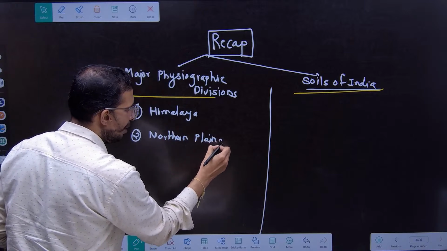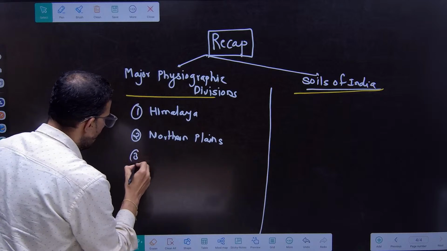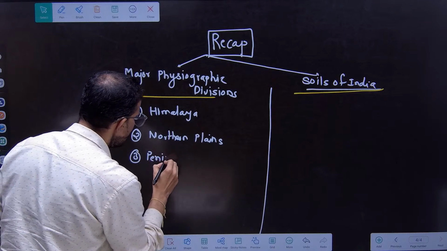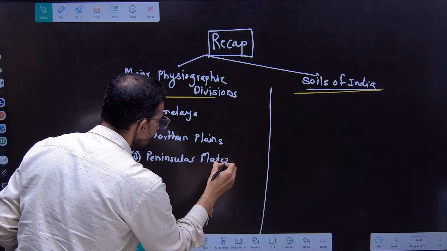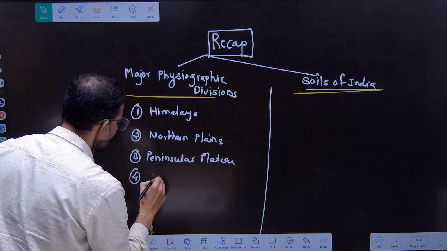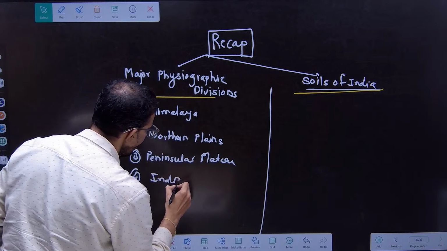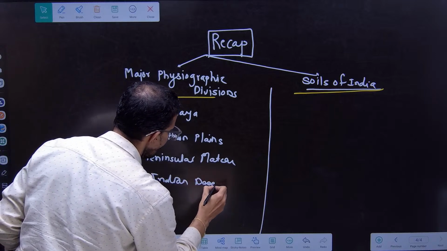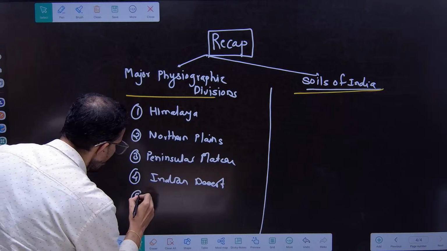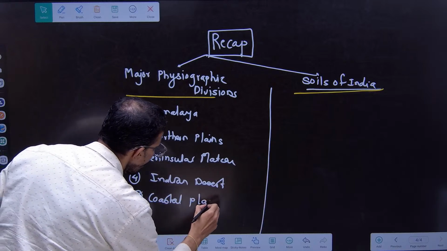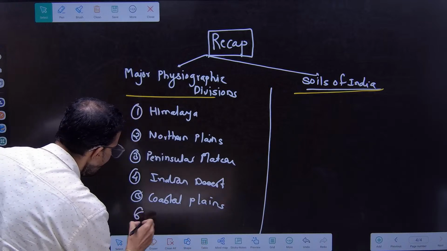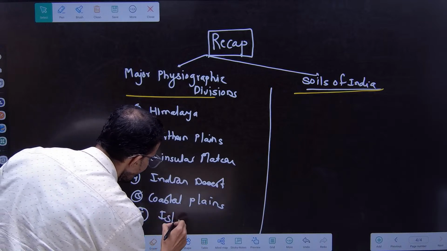Third one, which one? Peninsular Plateau. Then the Indian desert. Then coastal plains. And the sixth one, we have studied the islands.